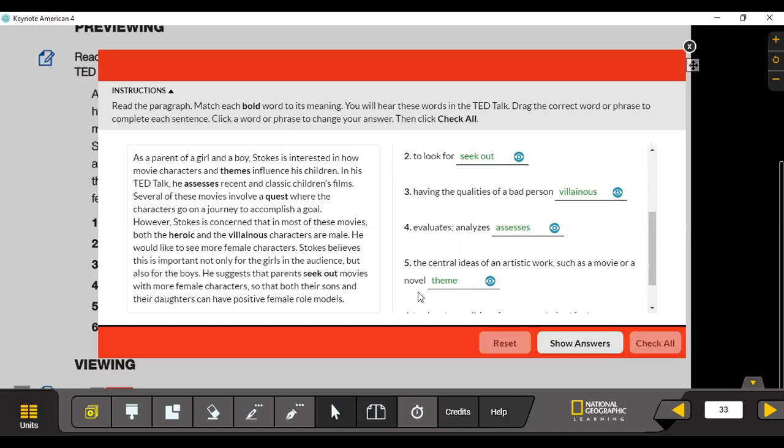For example, me as a teacher, I assess when you speak. I evaluate when you speak. It's like analysis and evaluation. Yes, it's like to analyze or to evaluate. Any other question with this?